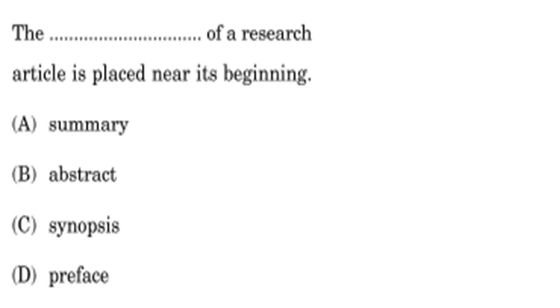Now coming to option C, synopsis. A synopsis is not something you write in the research article. It is a short or brief summary which you write of the article or of the works, so it is not part of the article. Now A and B are the parts of the article.